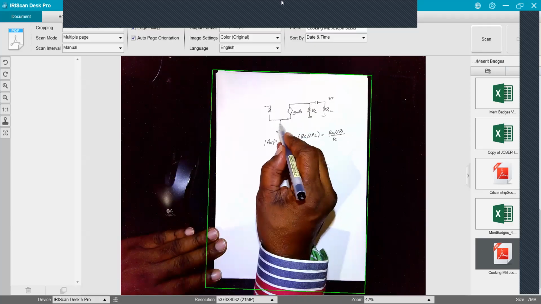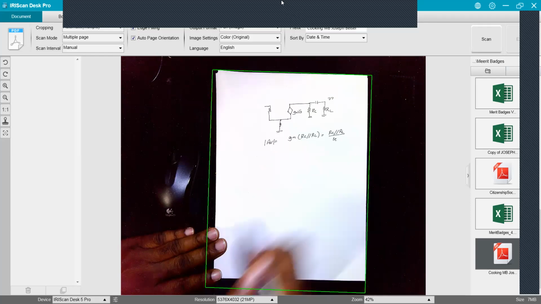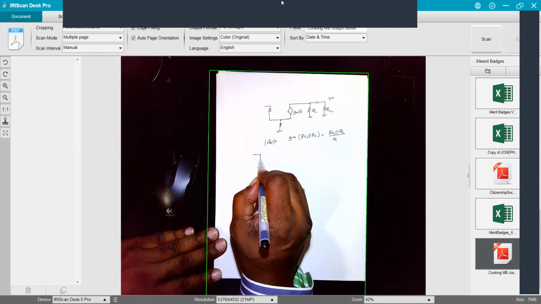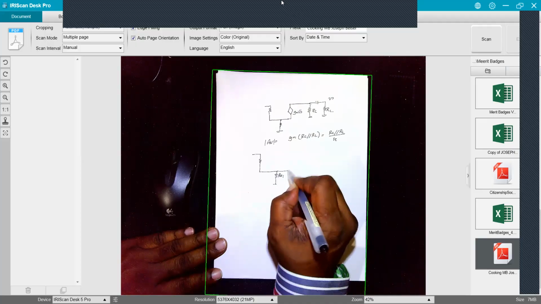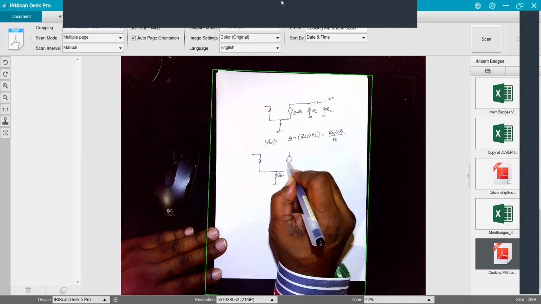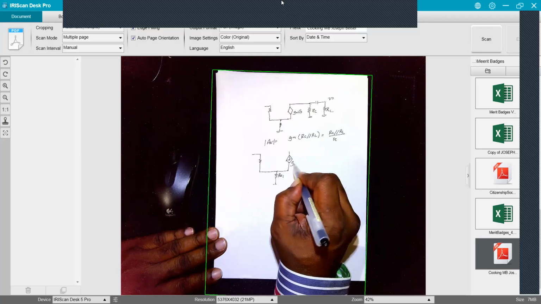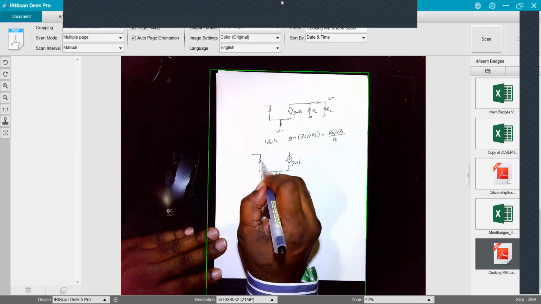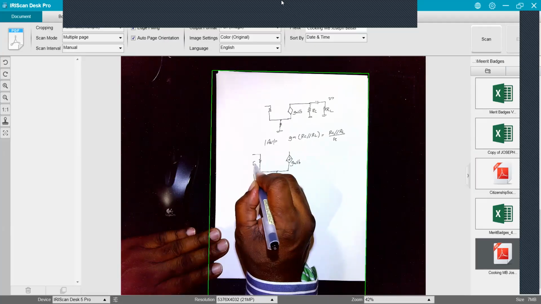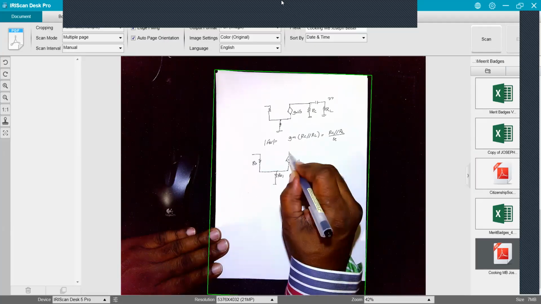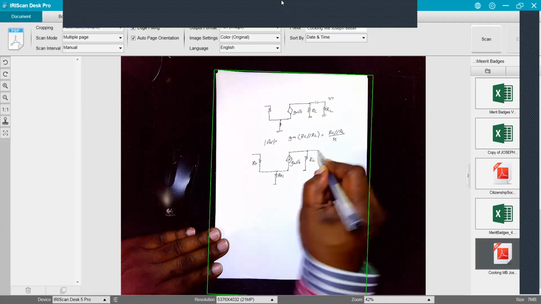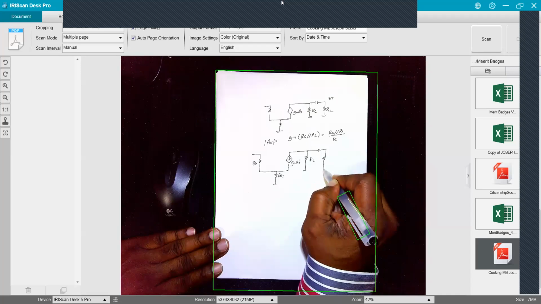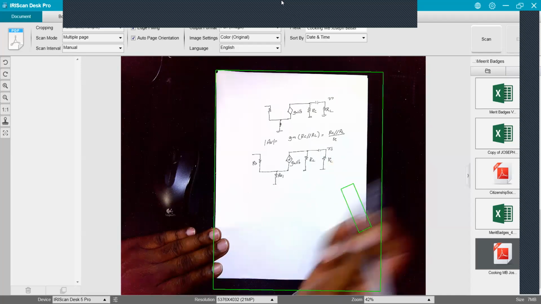If now we have that resistance here that was not bypassed, so I'll redraw the circuit. I think it was RE1. This is the output.